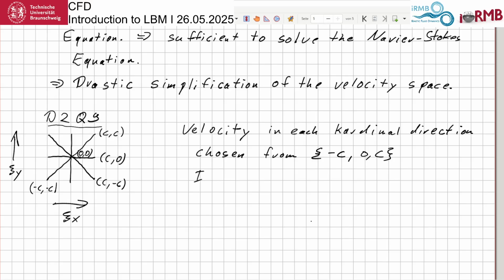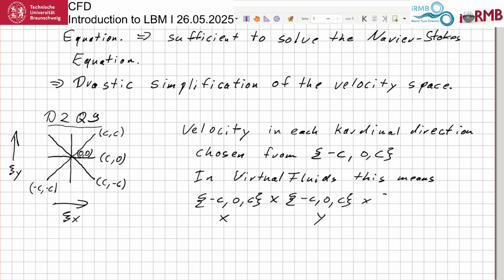If we are then in 3 dimensions, like in virtual fluids, we have our velocity system in x direction, and then we have this in y direction, and we also have it in z direction, and we have all the combinations of these.